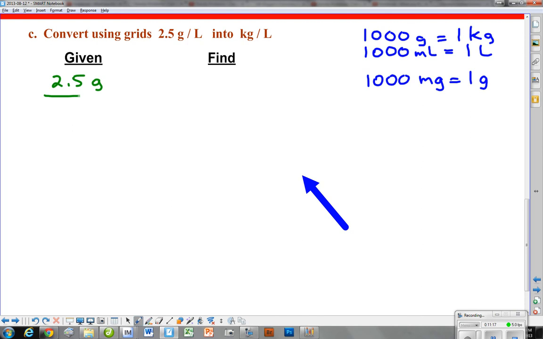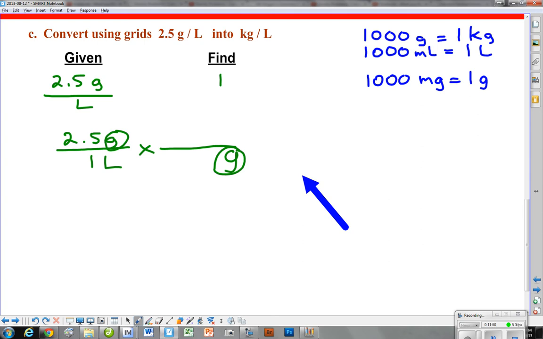And that is that the 2.5 grams is on top of a fraction, and let's rewrite it to make it part of starting the problem. 2.5 grams over 1 times, and we got to have grams here, so grams is down here. And now we look up there and see this 2.5 grams over liters. Sorry, almost forgot that. And so this is 1 liter here. All right, and the find is kilograms per liter.